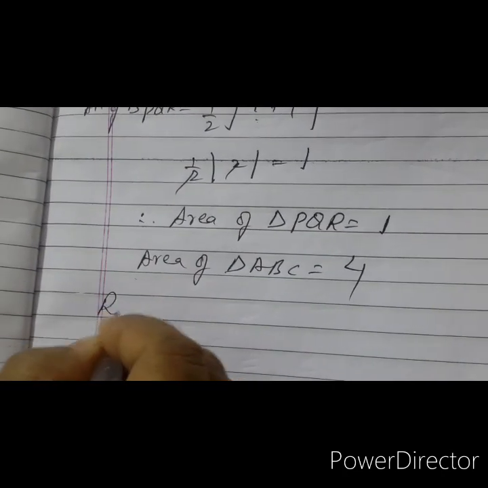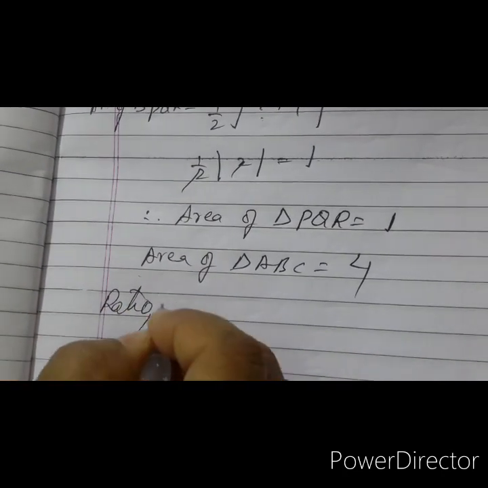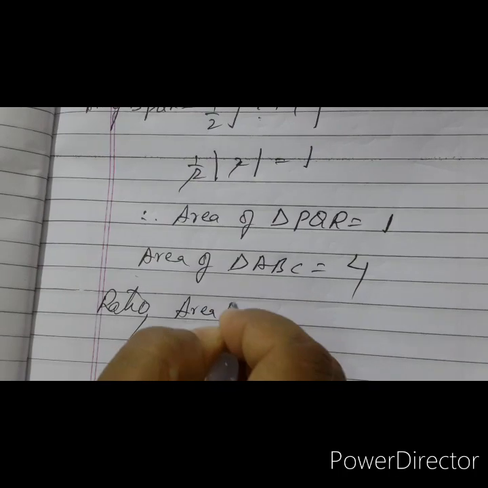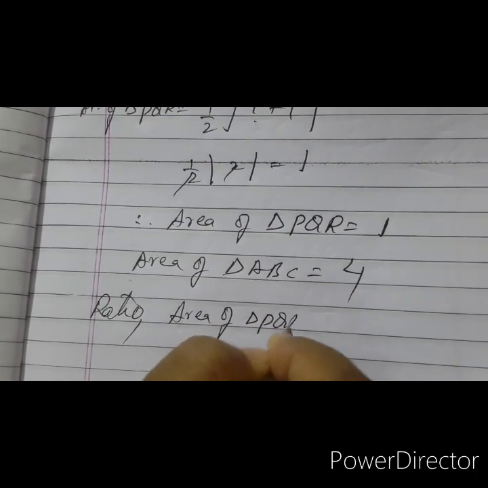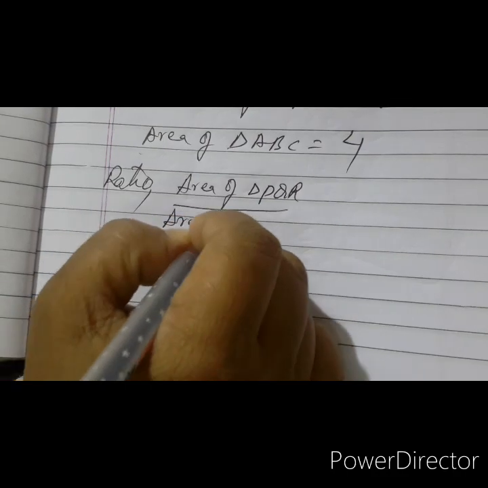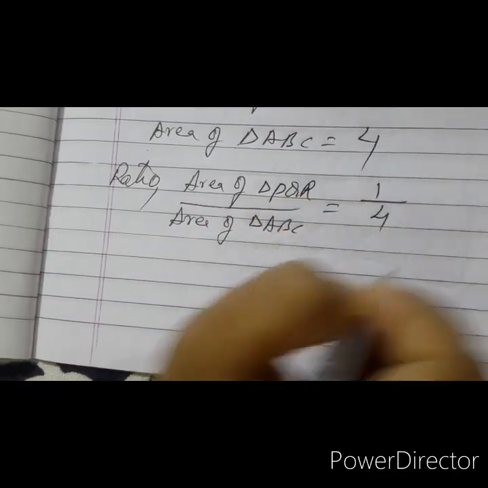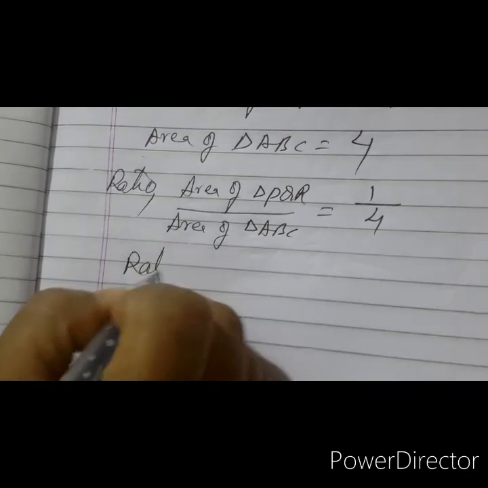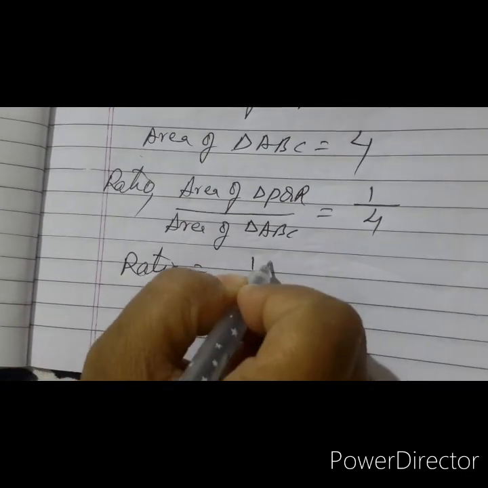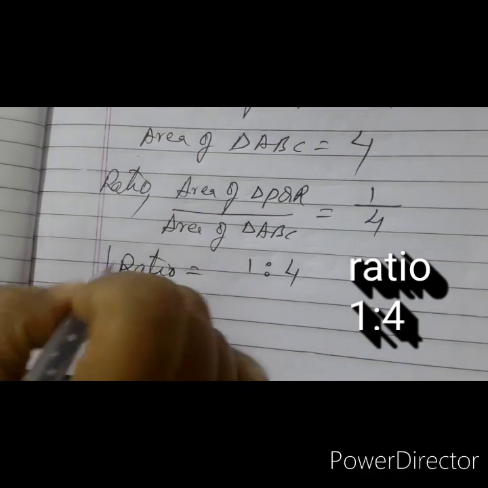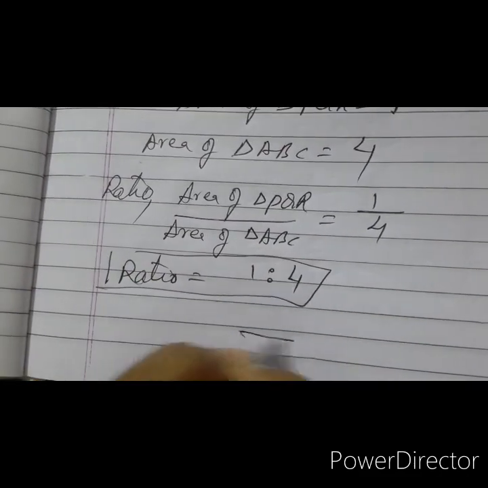Now they are asking us to find the ratio. Ratio means area of triangle PQR divided by area of triangle ABC. This is 1 by 4. Therefore the ratio equals 1:4. Is that clear to everyone? Any doubt, please ask.